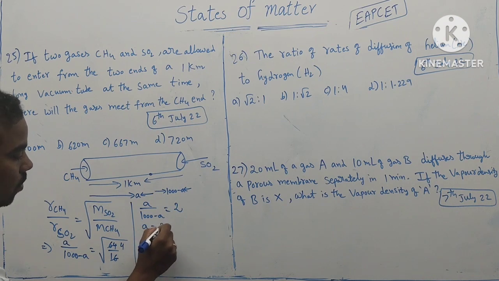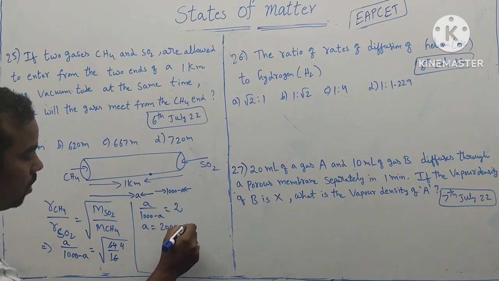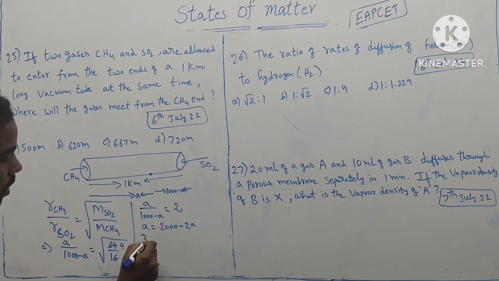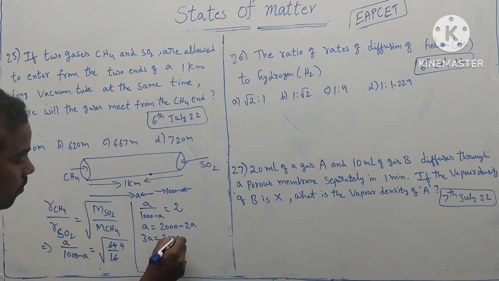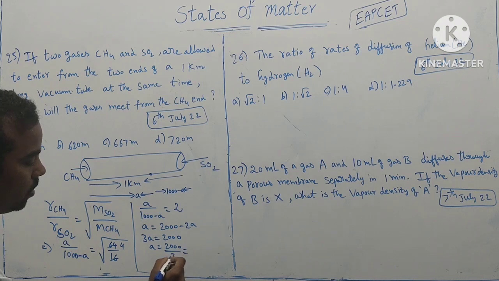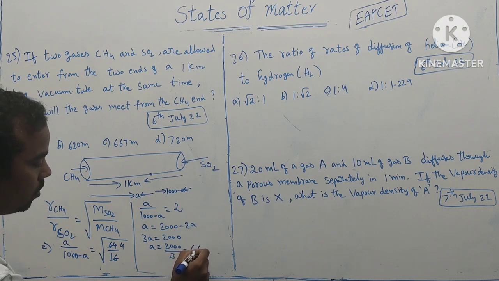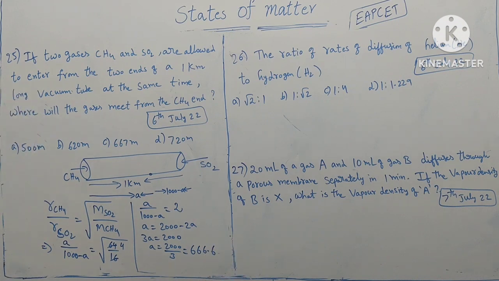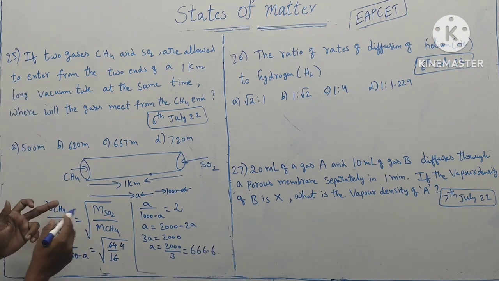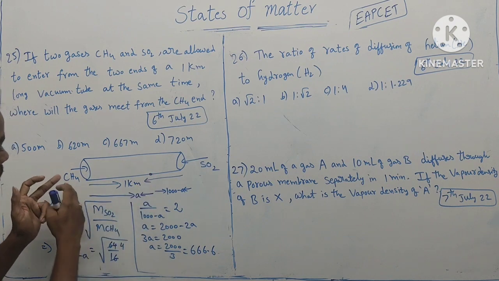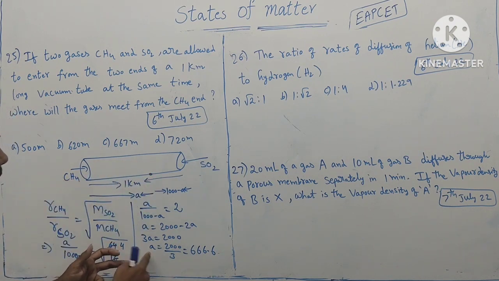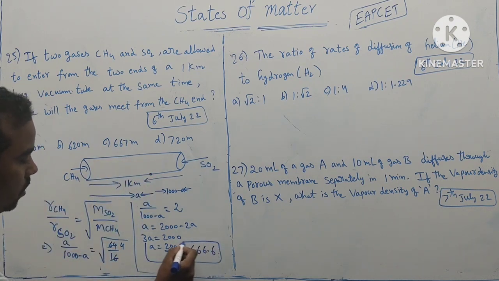So A is equal to 2000 minus 2A, 3A is equal to 2000, so A is equal to 2000/3, that is 666.6. A is the distance at which the methane gas meets SO2.